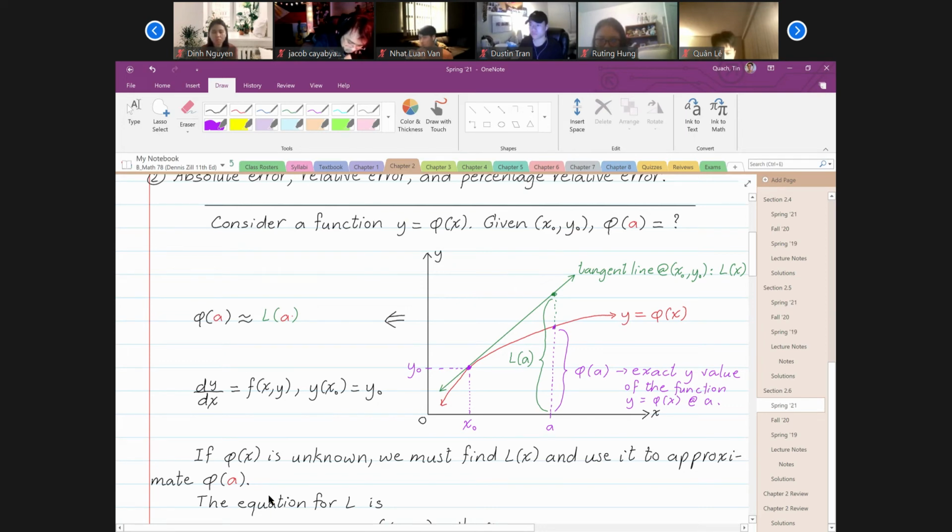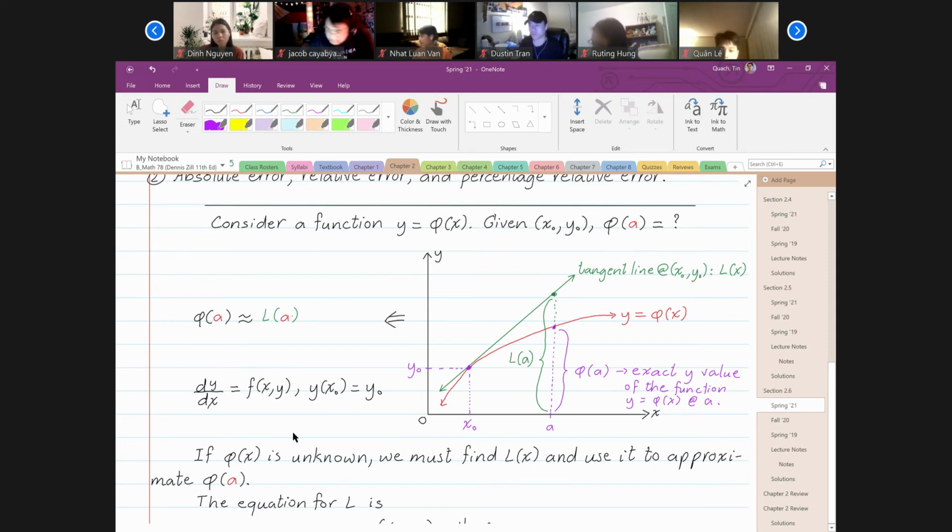So for this particular case, not always, but for this particular case, can you tell me if your approximation is an overestimate or an underestimate? In this case, an underestimate. Do you understand what it means by an underestimate? An underestimate is your estimated value is smaller than the actual value.